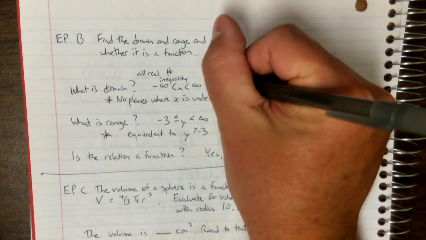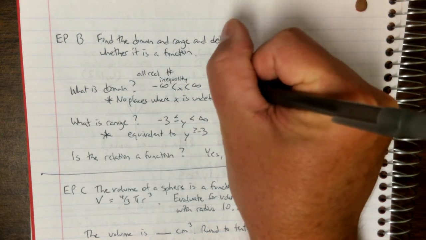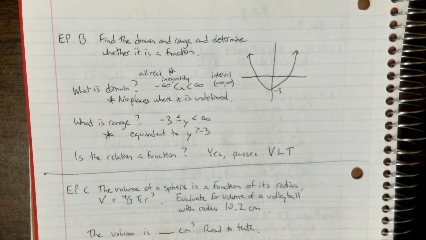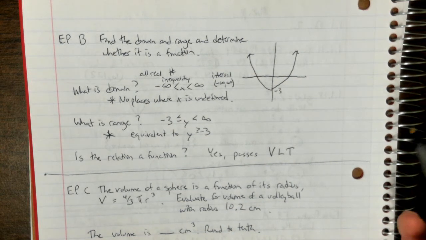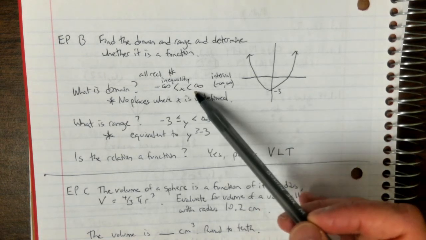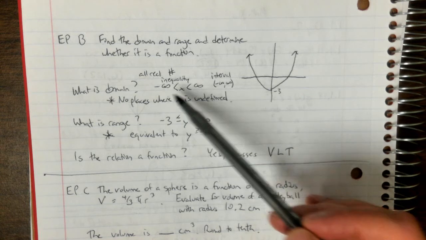The interval would be -infinity, infinity with parentheses. So there's going to be different ways you say it, just depending on the wording of the question. In this one, they wanted the inequality notation, where x is between -infinity and infinity.